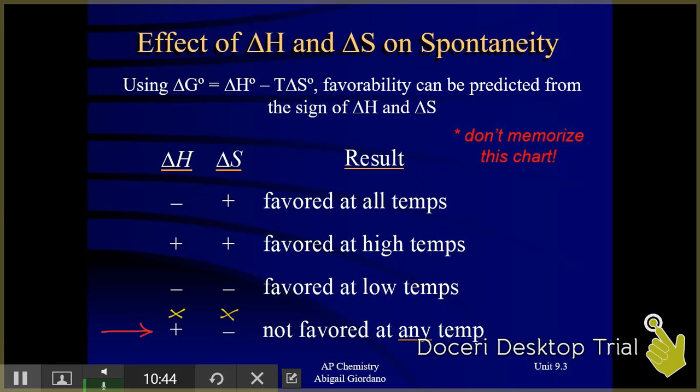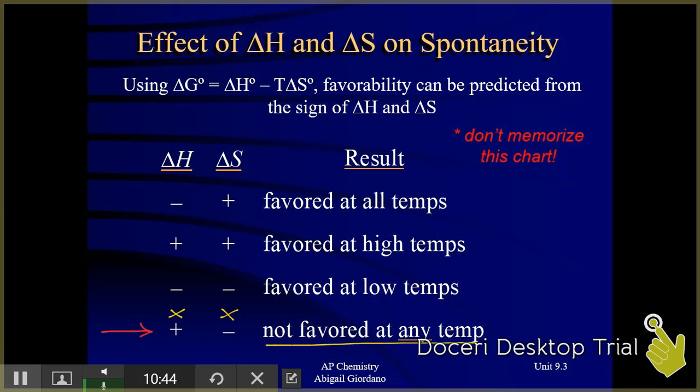When we have this combination here, where I'm getting two situations where it's not likely to be spontaneous, favored, guys, this is a combination that will never be spontaneous, will never be thermodynamically favored.